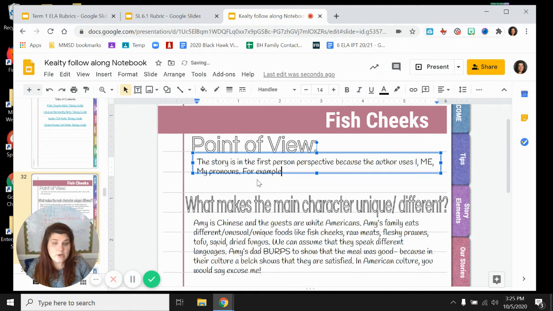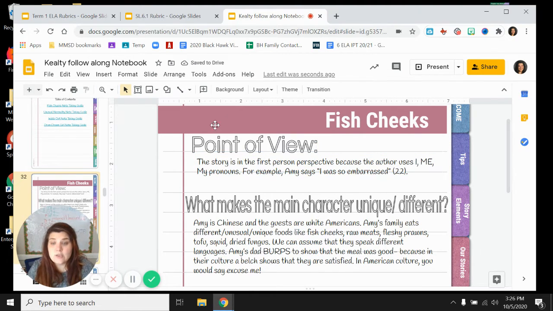For example, comma, right? Amy says, "I was so embarrassed." Then I put the paragraph number, I don't know if that's right, and a period. We talked about this. We talked about citing. So you have your evidence right here.